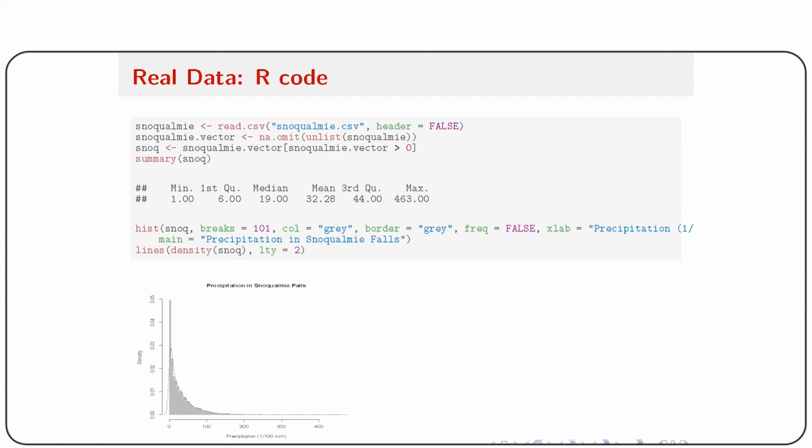The summary of that will give you the minimum 1, maximum 6, median 19, mean 32.6, which gives a basic idea about the distribution. If you want, you can draw a histogram and a density plot over the histogram, and that will give some idea about the distribution of the data that you have.